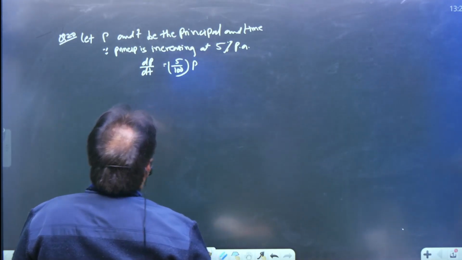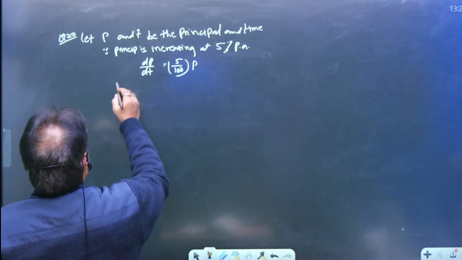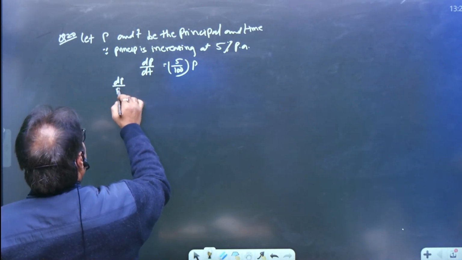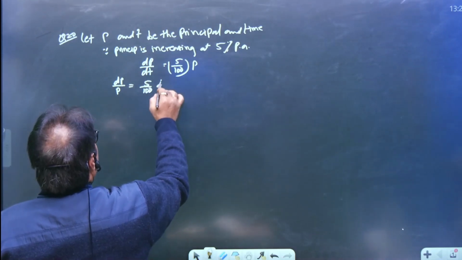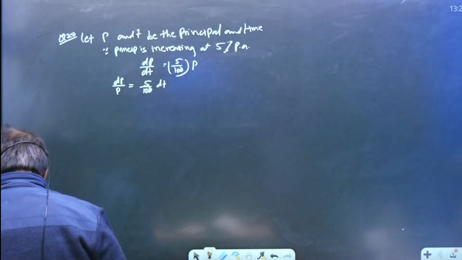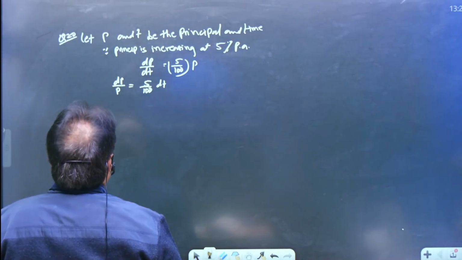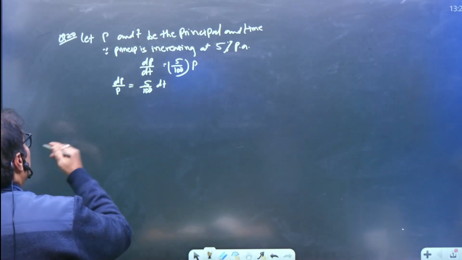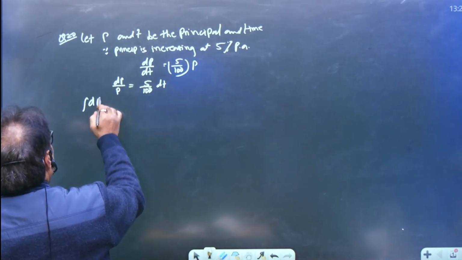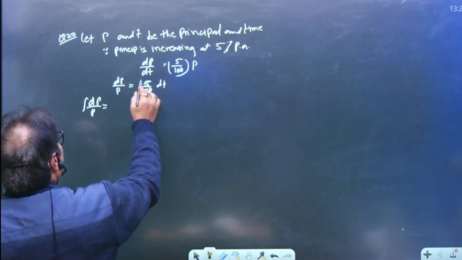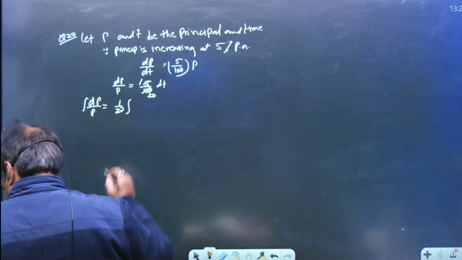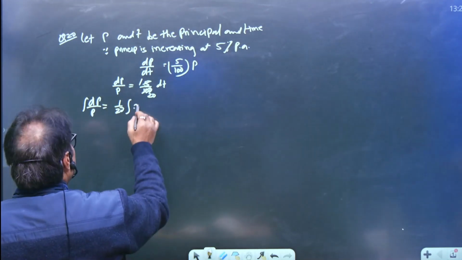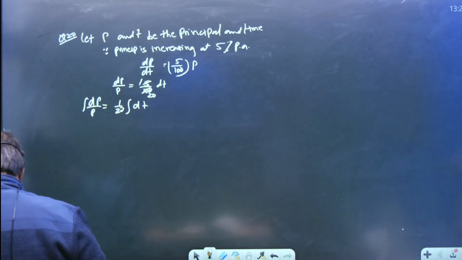So now apply the variable separable property. So dP upon P is equal to 5 by 100 into dt. So integration on both the sides. So integration of dP upon P, this we can cancel out, so 1 by 20, and integration of this is dt.